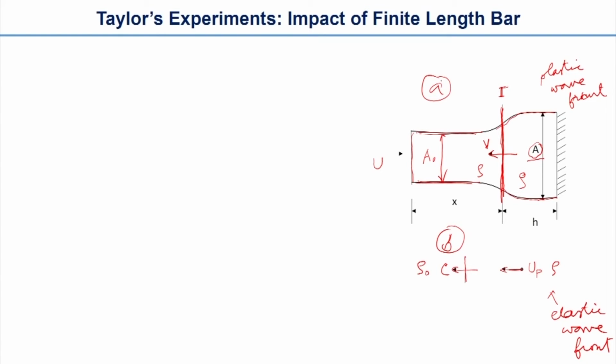So in the first case, diagram A, we can have conservation of mass. The virgin material, that means the material on the left side of the interface, moves into the interface with a velocity u plus v.